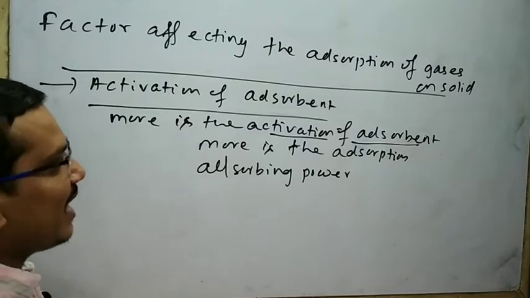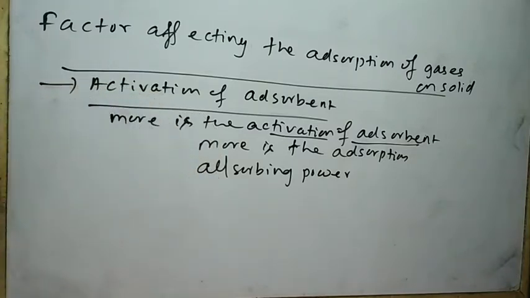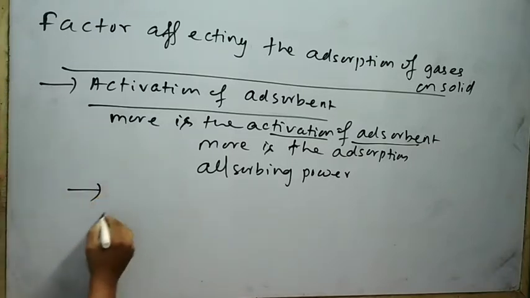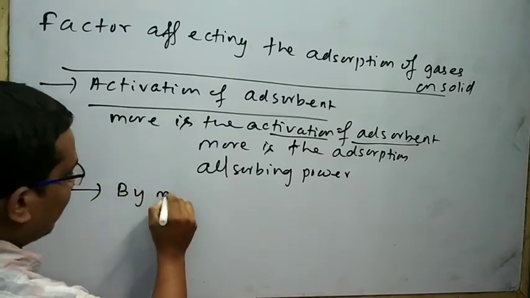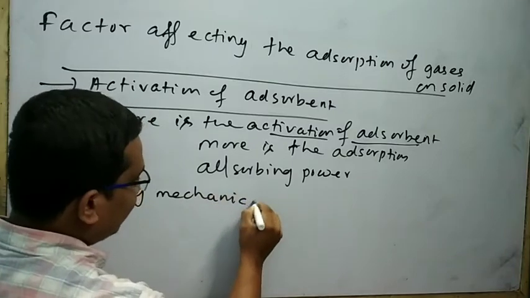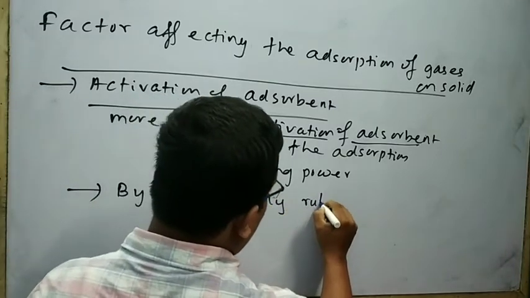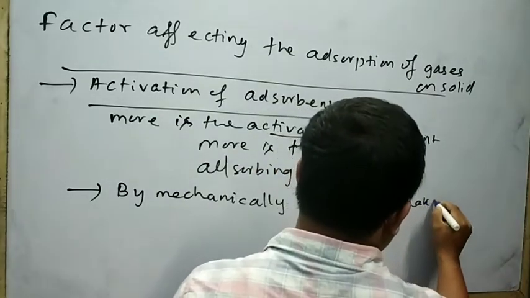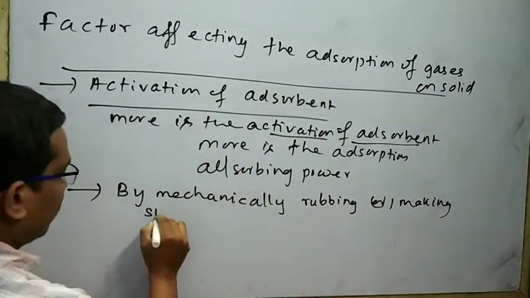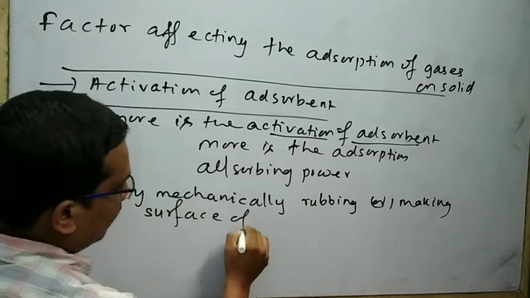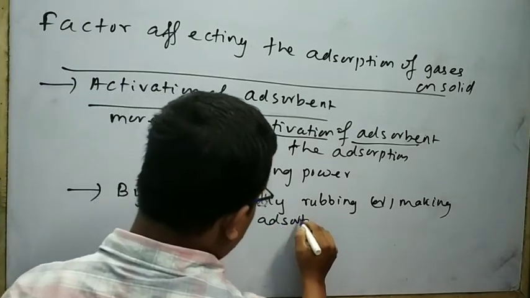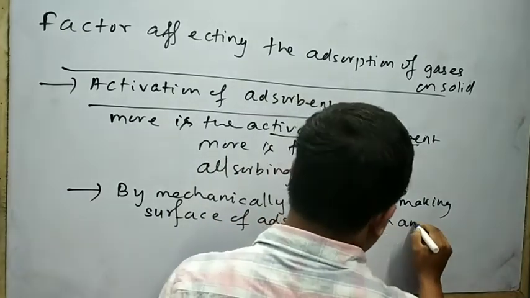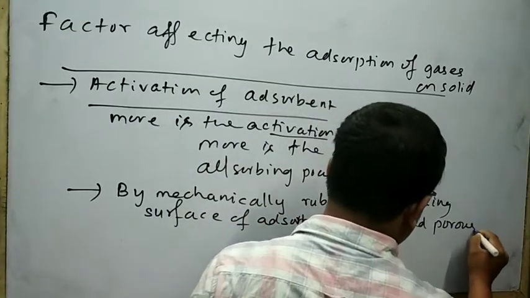How can you increase the activation of adsorbent? There are different ways to increase the activation of adsorbent. Number one is by mechanically rubbing or making the surface of the adsorbent rough and porous.